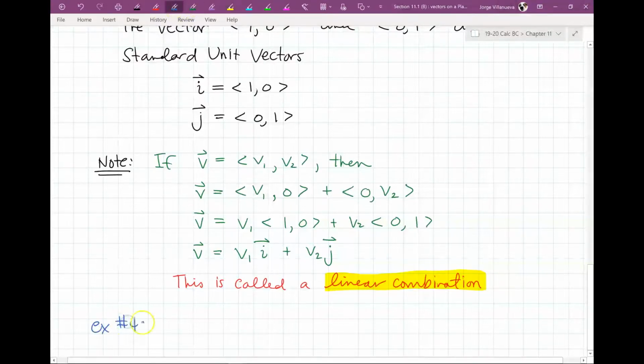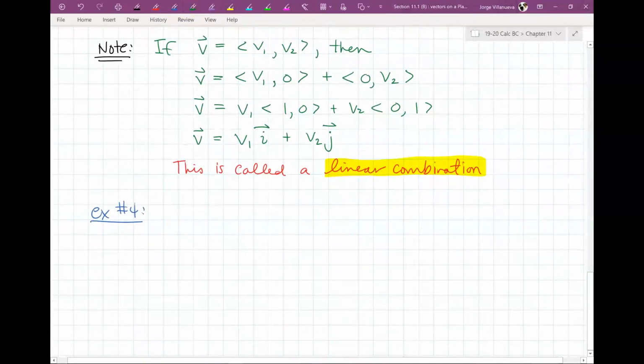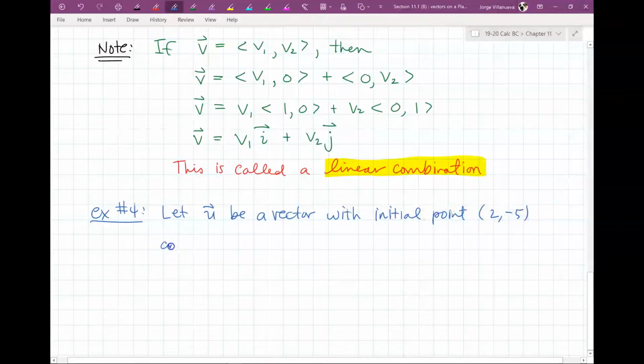I'll put it right here. Example number 4. Let U be a vector with initial point 2, -5 and terminal point -1, 3.